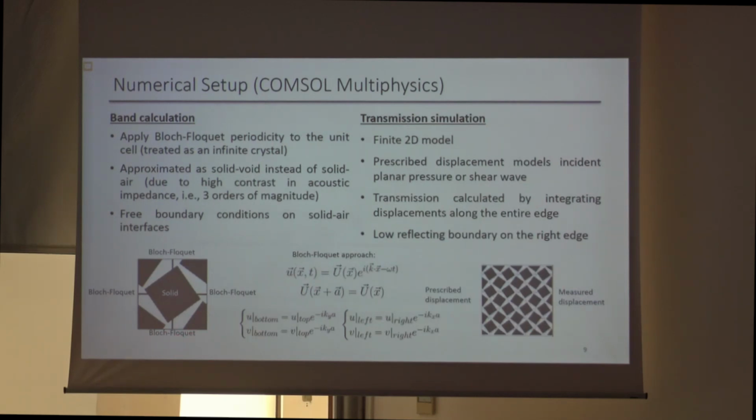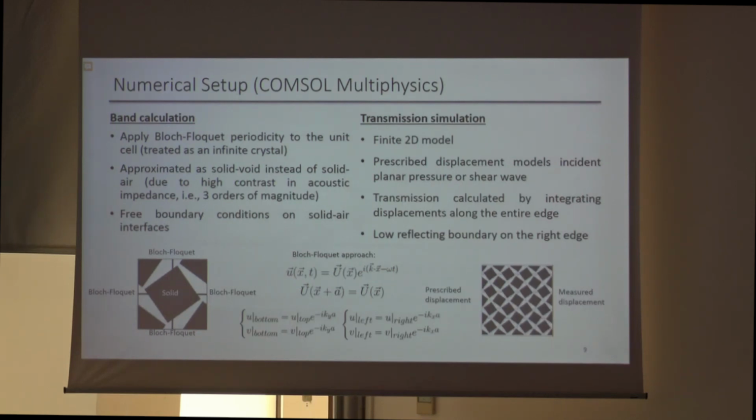Then we approximate this crystal not as solid-air, but as solid-void, because the acoustic impedance contrast between the air and solid is about 3 orders of magnitude. That's why we can safely assume that this is just a void and neglect any air-structure interactions. Then, on the free boundary, we apply just the free boundary conditions, so no tractions. Okay, and so this is to calculate the band structure for this irreducible Brillouin zone that I showed to you.